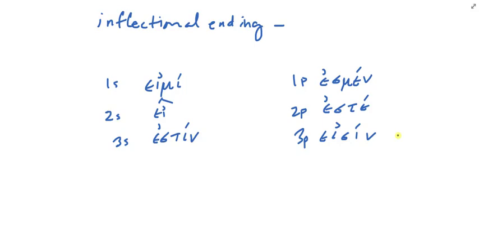Now, the verb third singular esten has a movable nu. The basic form is esti, okay? And the nu is going to jump in there to prevent a problem in sound with a vowel that starts the word right after it. All right?